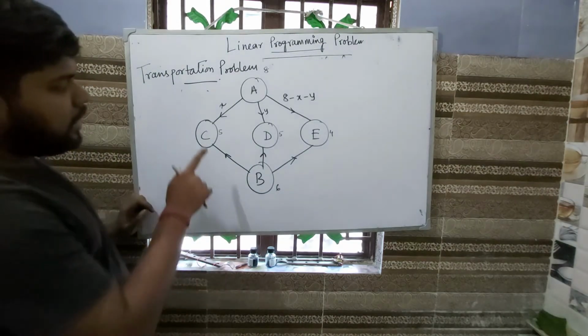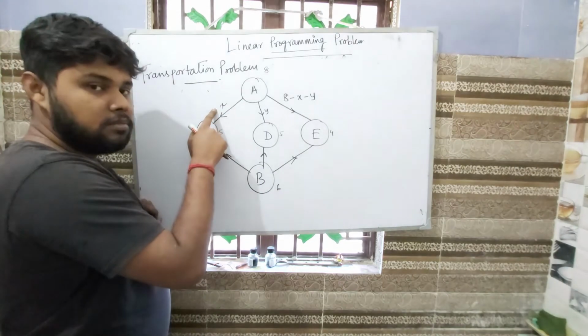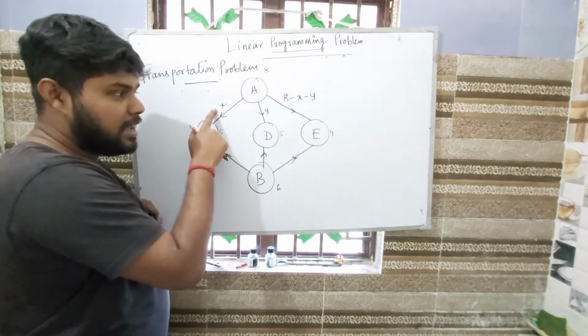Similarly, C requires 5. A has already sent some to C. How many?